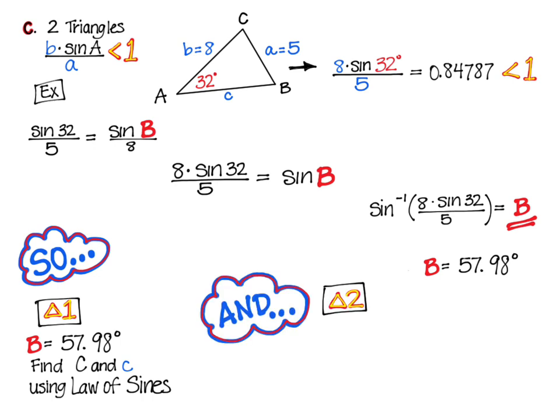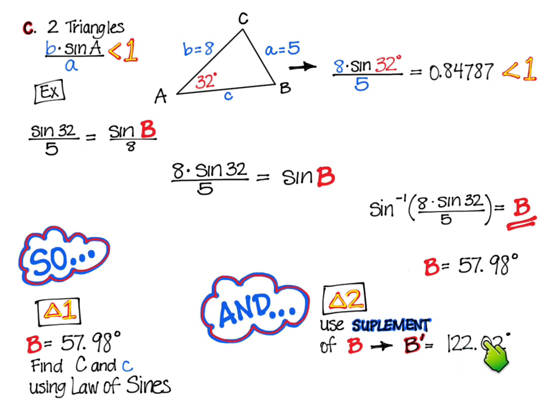So for triangle 2, we take the 57.98 and we find its supplement. What do we mean by supplement? We're going to call it B prime. And we know that B plus B prime equals 180. So I do 180 minus 57.98 and we get the supplement. And that would have been that acute angle.